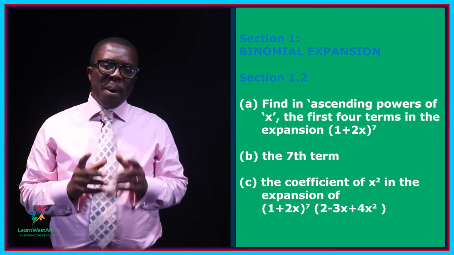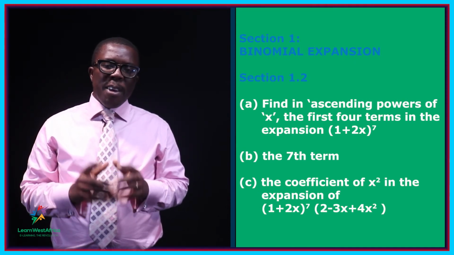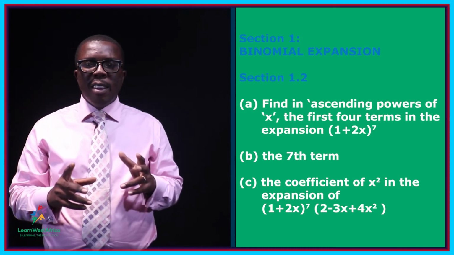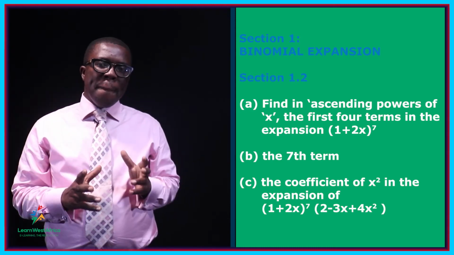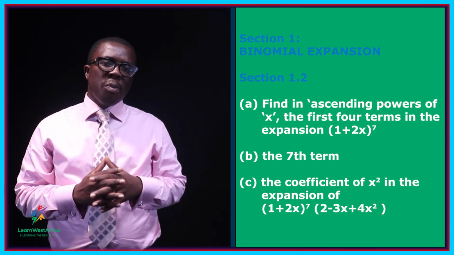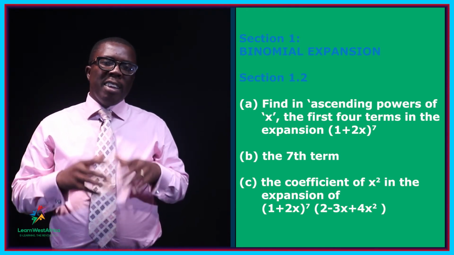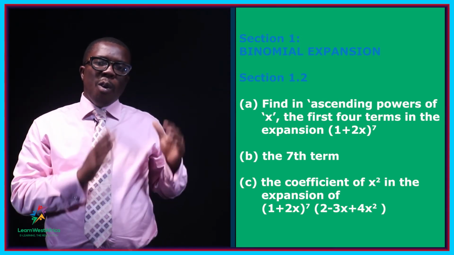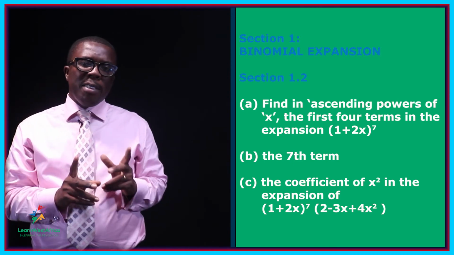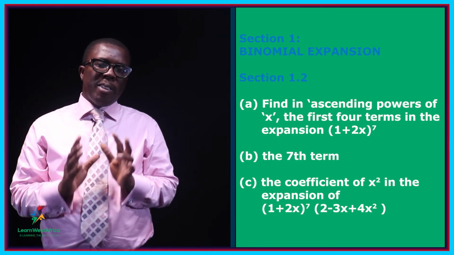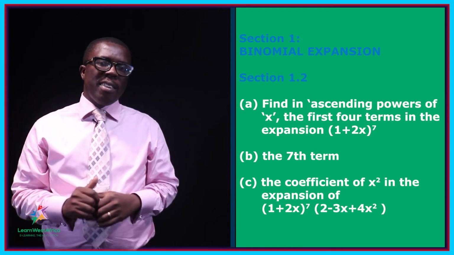Find, in ascending powers of x, the first 4 terms in the expansion of (1 plus 2x) raised to the power 7. B, find the 7th term. C, the coefficient of x squared in the expansion of (1 plus 2x) all to the power 7, all in one bracket, and in another bracket, 2 minus 3x plus 4x squared.